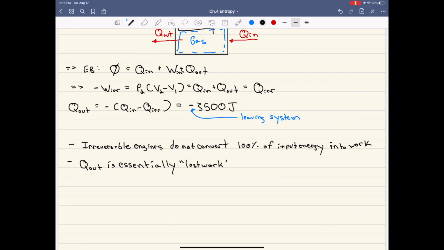Another term that people use is waste heat. It's considered to be waste because it's valuable energy that you put into the system, that you paid for in order to extract work out of your expansion, and that energy is not being used to perform work. That's the idea. This Q out is going to go from the system to the surroundings.